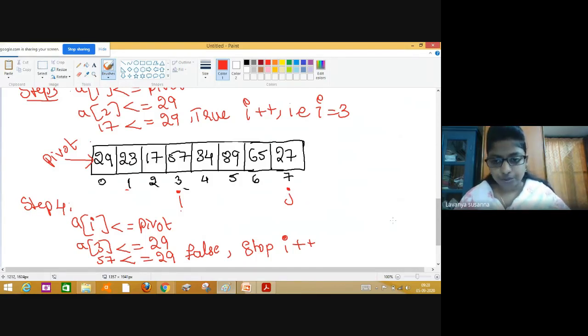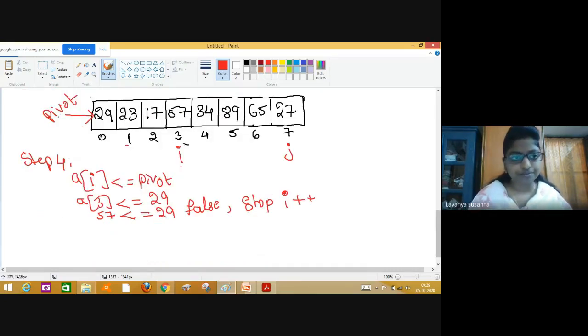When I is stopped, you need to move J. First you move I towards the right by incrementing. Now after stopping I, you need to move J towards the left, decrementing. How to move J? Let us see it.